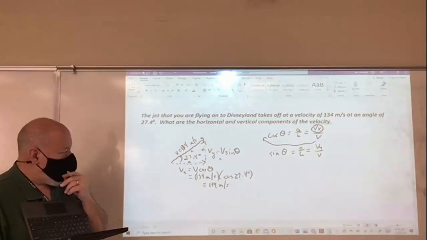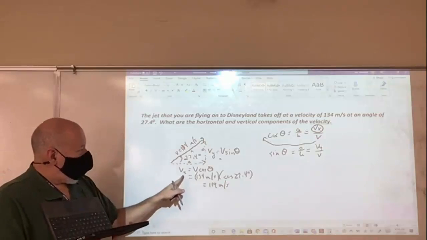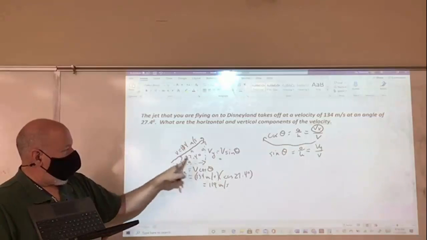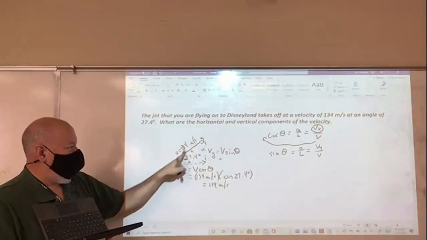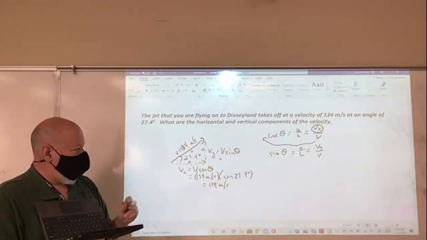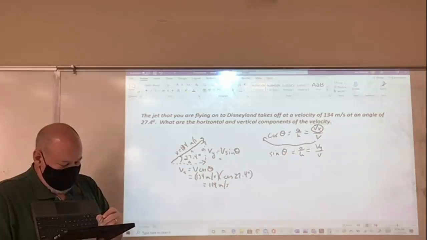And we can see that kind of makes sense. This is about 119 134ths, right? The ratio of this to this, it would make sense that it's about that much.